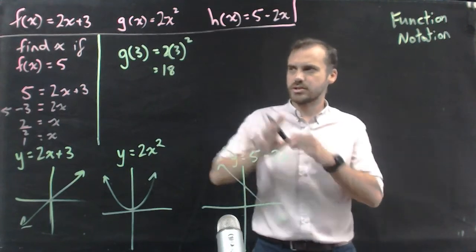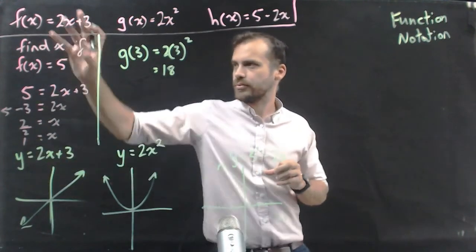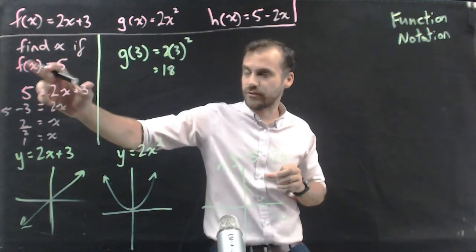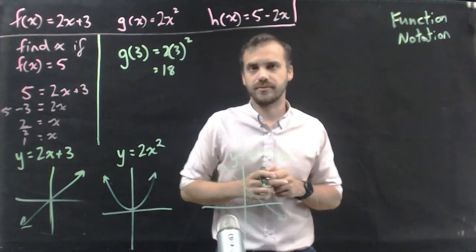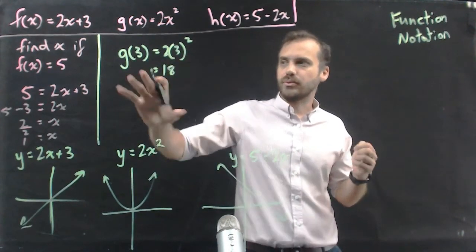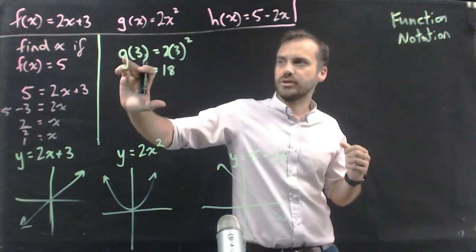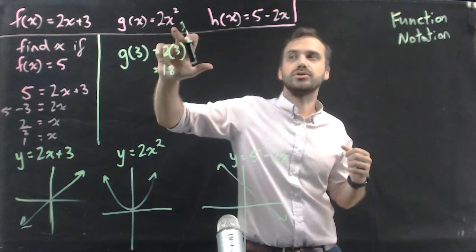So there's two ways there to use function notation. Find x if the function f of x is equal to 5. Boom, x is equal to 1. Find y, or find out what g of 3 is, if g of x is equal to 2x squared.